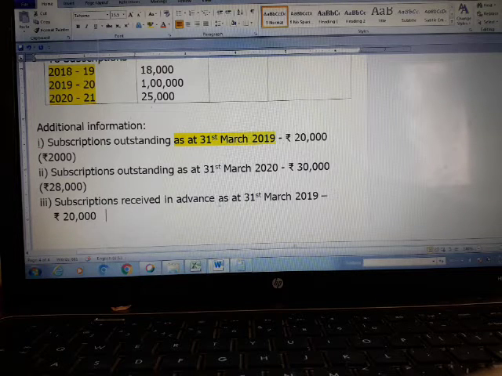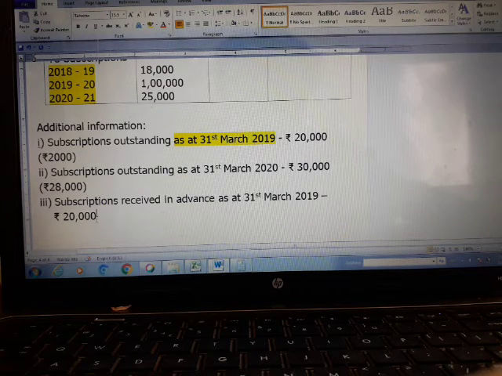Now what is given in the third one? Subscriptions received in advance as at 31st of March 2019. Able to understand? As at 31st of March 2019, the amount is 20,000. So this is advance subscription. Students make mistakes in this particular area only. They think that the subscription which is said to be advance needs to be eliminated, but that is not the case.